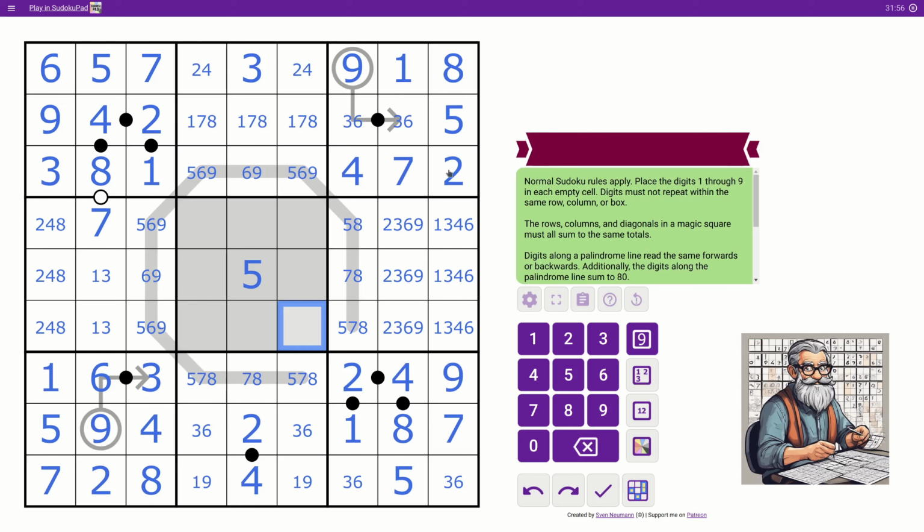Those have to be the same. If you can't have 7 here, you can't have 7 here either. Okay, but that's not earth-shattering, is it? No, we can still have 7 and 2.